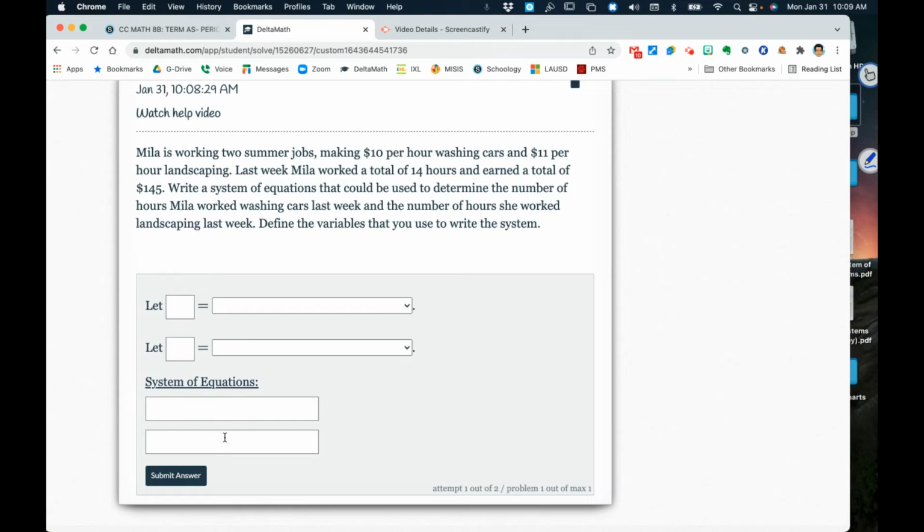Write a system of equations that could be used to determine the number of hours Mila worked washing cars and the number of hours she worked landscaping. This is important. This really tells us what we need to set up for our system.